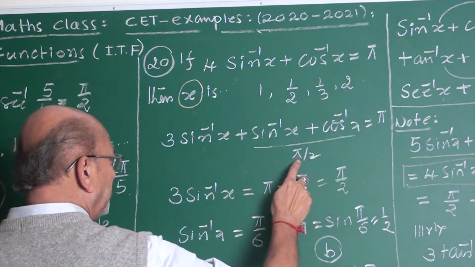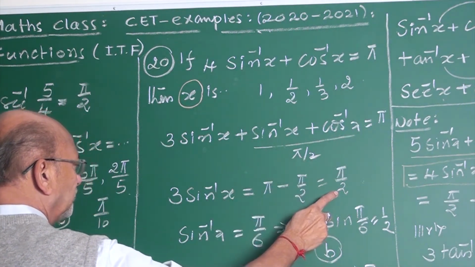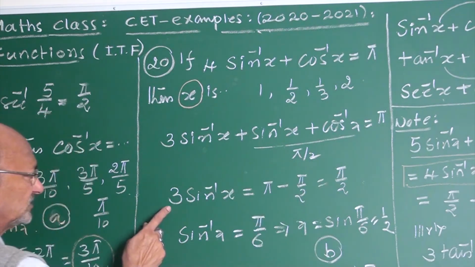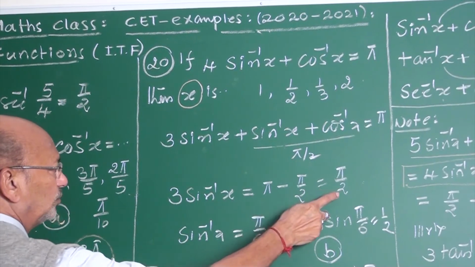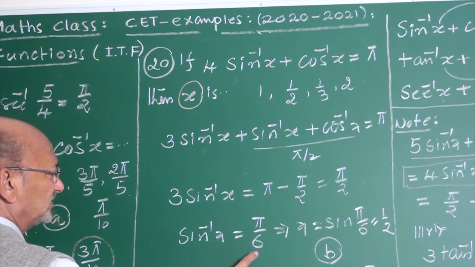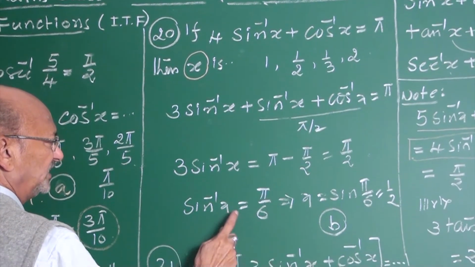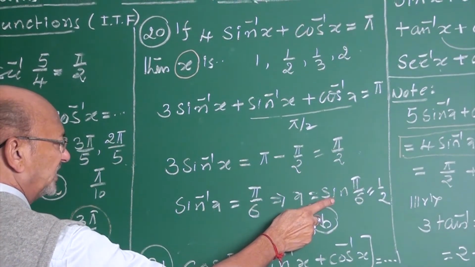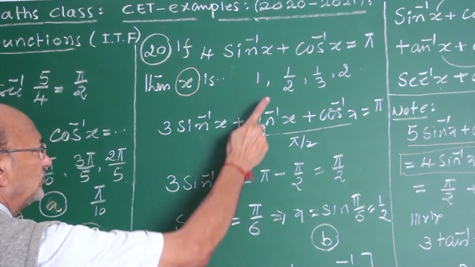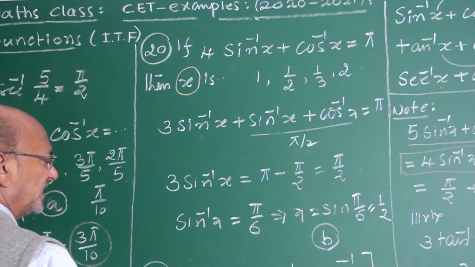RHS is pi minus pi by 2. Simplify. Sin inverse x, shift 3 to RHS, 3 into 2 is 6, pi by 6. So what is x? Sin inverse becomes sin, by the definition of sin. Sin 30 is 1 by 2. Option B is the answer.